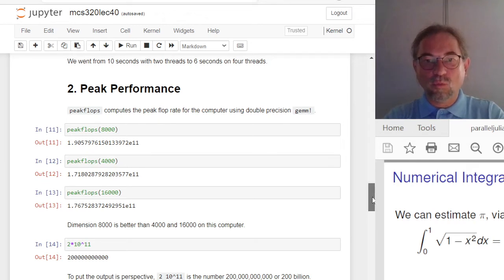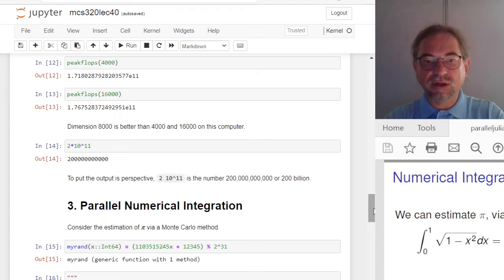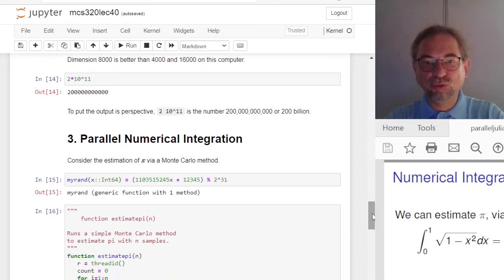Okay, so one last topic that I want to consider is the parallel numerical integration. And here I consider a customized random number generator. Just to indicate that what makes Julia also fast is that the user can specify the types of the functions.